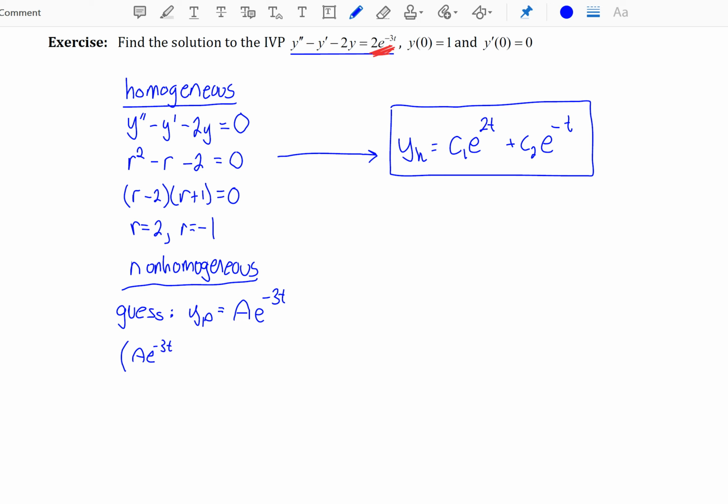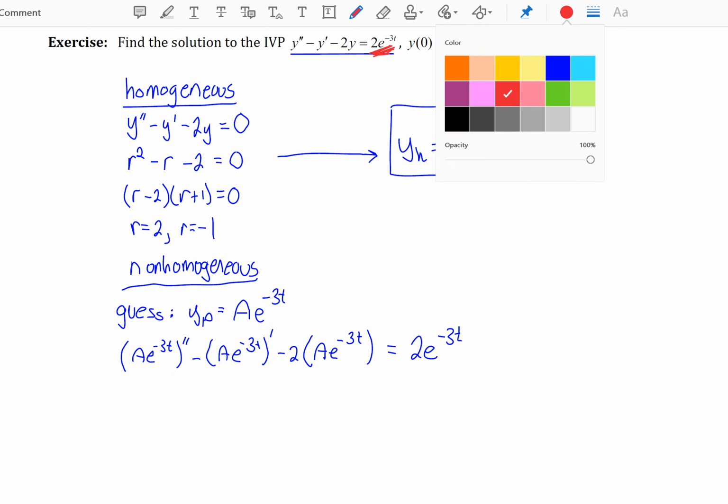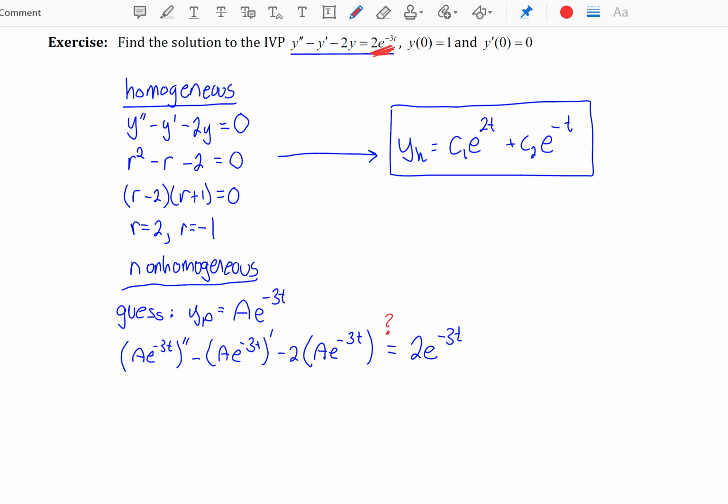So a e to the negative 3t, second derivative of that, minus the first derivative of a e to the negative 3t, minus 2 times our guess, and somehow we want this to all equal 2e to the negative 3t. And our job is to figure out what value of a makes this equation valid.